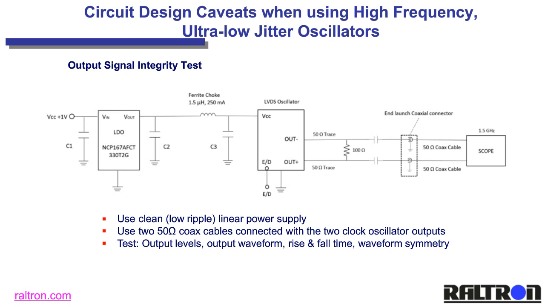The use of matched impedance coax cables is very critical when you take the output waveform. Likewise, when you do such a test, you need to measure the eye diagram, the output levels, the rise and the fall time, and the waveform symmetry. These are the points that need to be measured.